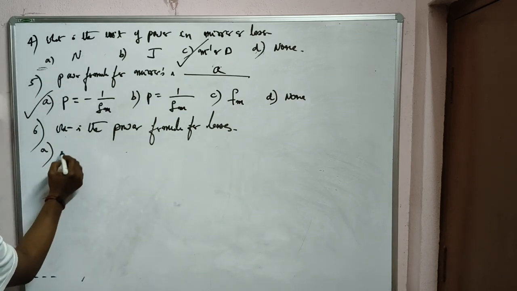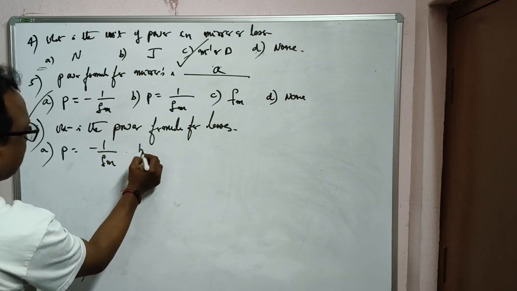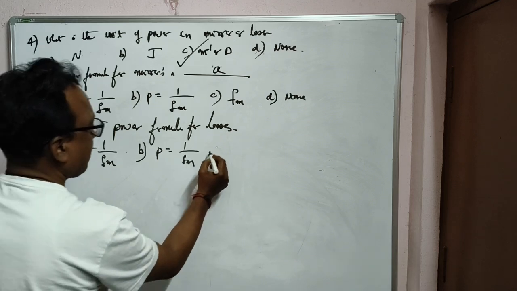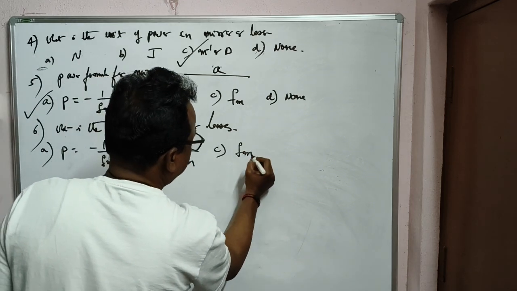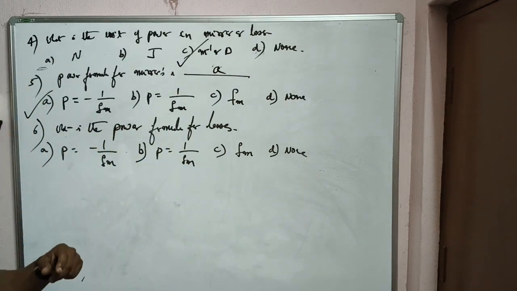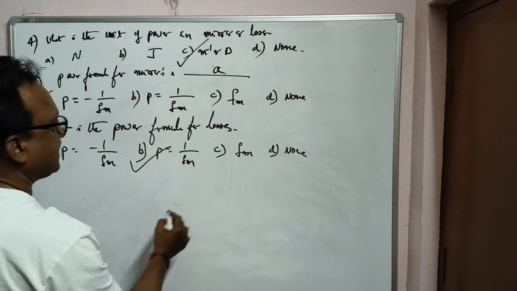A. P is equal to minus 1 by F in meters. B. P is equal to 1 by F in meters. C. F in meters. D. None. So here also I told you regarding lenses, P is equal to 1 by F. 1 by F in meters, B is the answer.